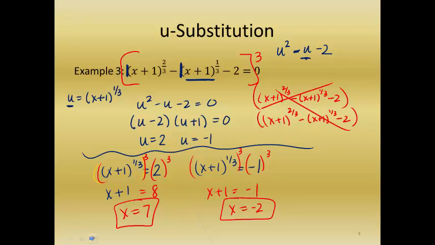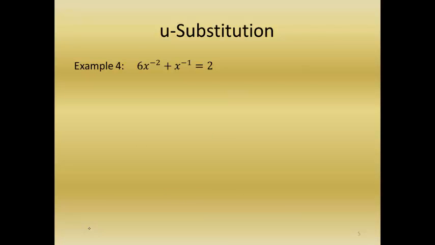All right, we got one more example together. For this one, it's a simple u substitution, but this time what my u is going to equal is x to the negative 1 power. So it's simple that I'm going to still replace this and make that 6u squared plus u minus 2, because I got to bring that over.